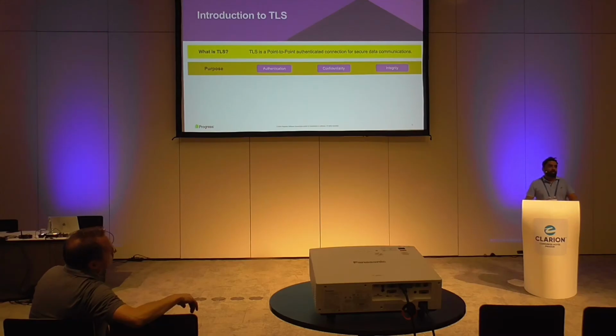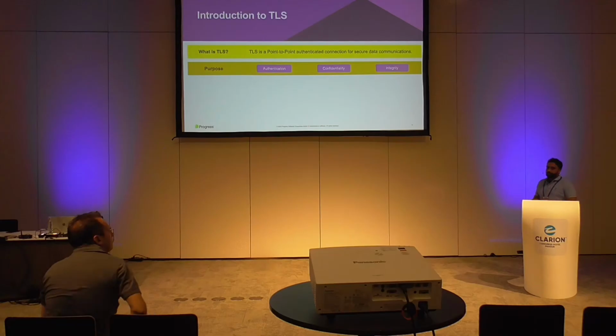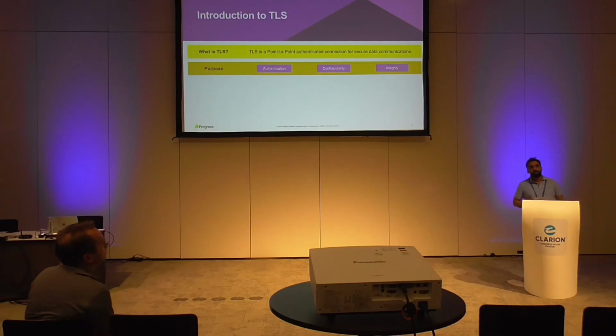Here TLS ensures that even if somehow the data is stolen or eavesdropped, unauthorized parties should not be able to read or understand that data. And the last one is integrity. Here TLS ensures that there is a mechanism to verify that data has not been tampered with during the transmission.